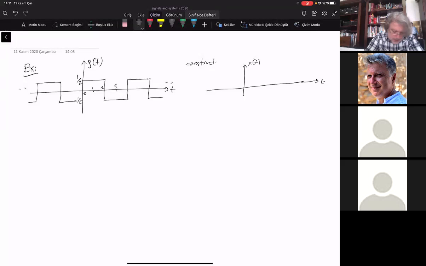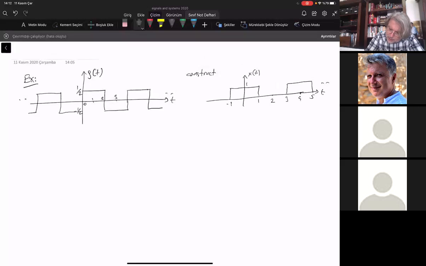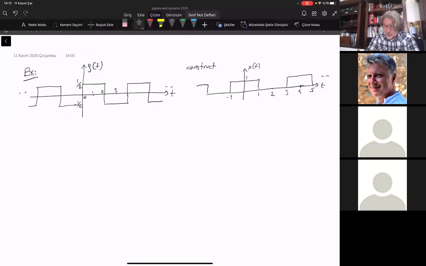And that x of t is essentially from -1 to 1, it is 1, and the period is 2, and therefore starting from 3, 4, 5, etc., it is also periodic, like this. This x of t is, or was, an example that we have solved. We know the Fourier series coefficients corresponding to this x of t. It was the first example that we saw, actually.